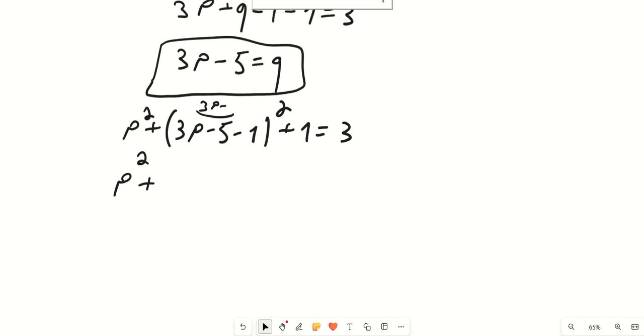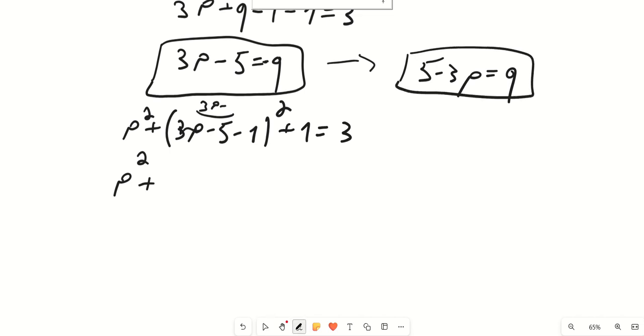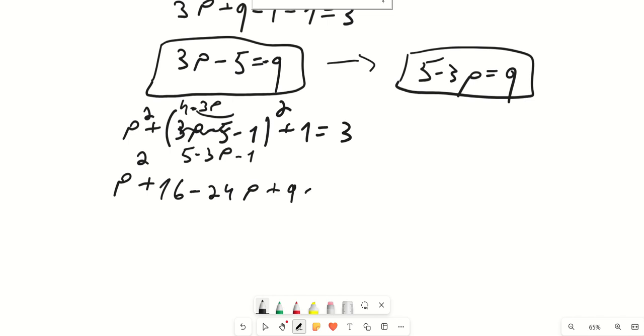Yeah, sorry, there is a small mistake here, so this should be minus Q. So 5 minus 3P is actually Q, and this now I have to plug in here, so it's 5 minus 3P minus 1, which is 4 minus 3P. So I get 16 minus 24P plus 9P squared plus 1 equals 3.